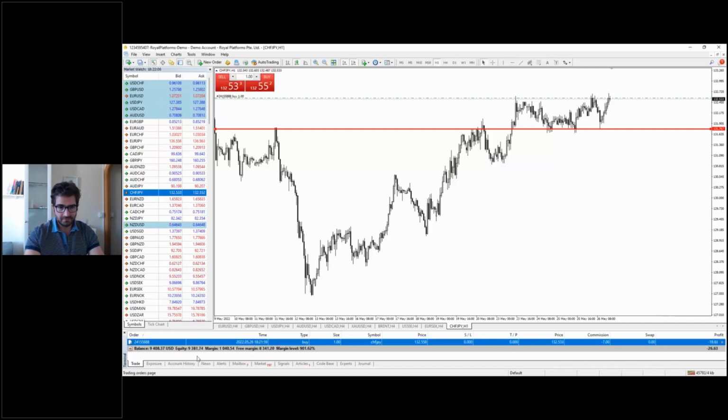So the balance here is equal to equity plus margin. We opened one standard lot, which is 100,000 units of this pair. They took as a deposit 1,040 US dollars. It's 0.01 of 100,000, like 1%, if I'm not wrong.